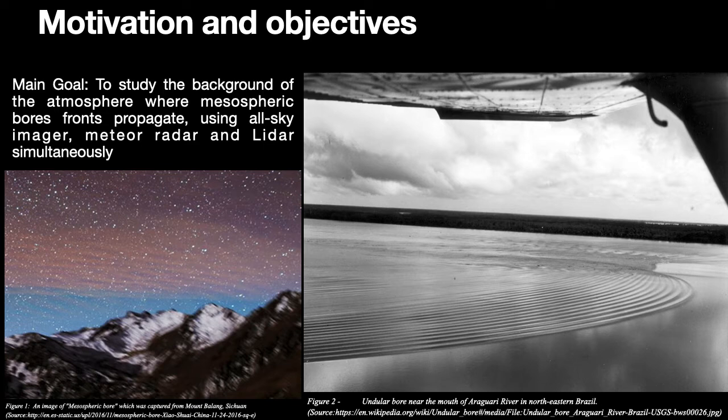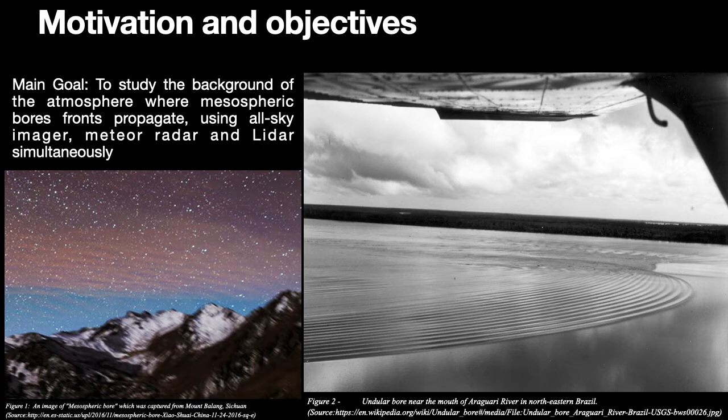In this work, besides the images from OH, OI 5577 and O2, we are going to use the meteor radar and the LiDAR to investigate the background of the atmosphere where the fronts are propagating.